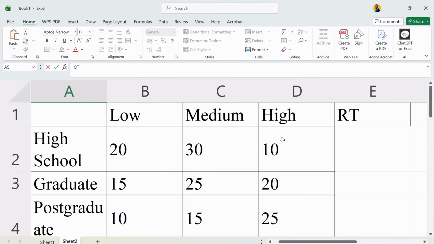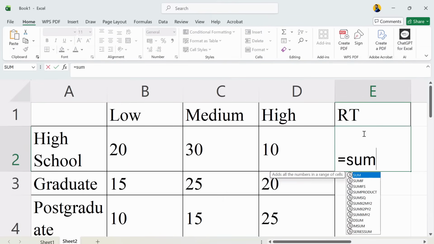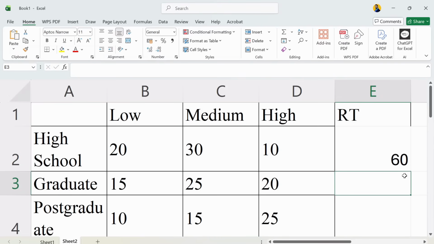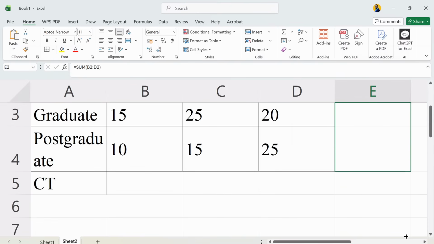So this is the first row total. Row total means this one. So I will write equal, then sum, select the formula and then select the numbers, as we are talking about the row total. So we will select the row and simply press enter. So you will get your row total. Similarly, you can drag this formula to find the remaining row total values.